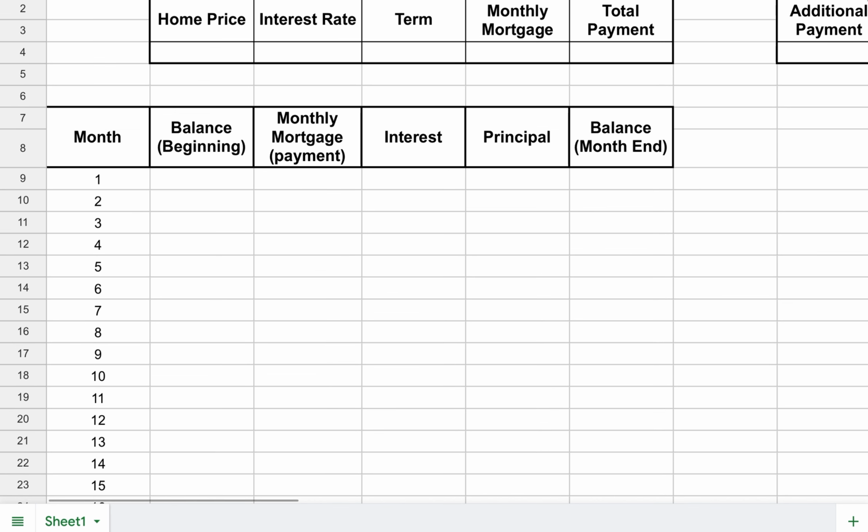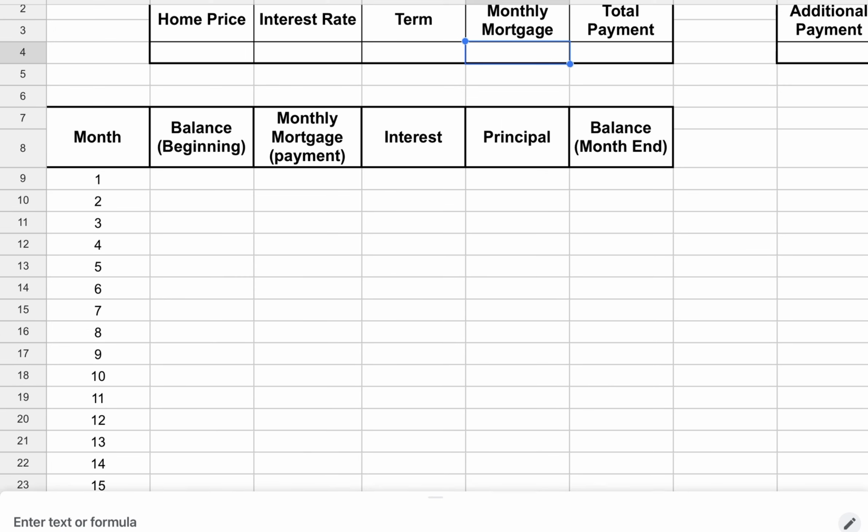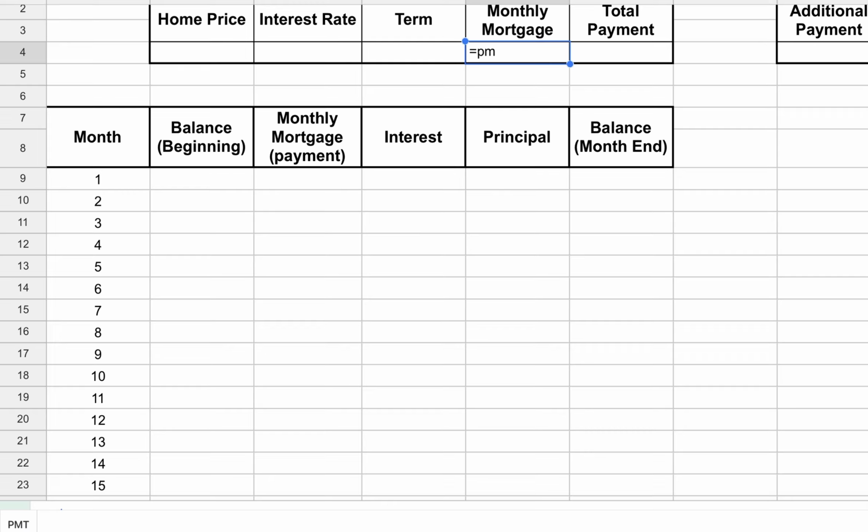We're going to say that our monthly mortgage payment amount is going to be equal to the payment function, and the interest rate was 3.98%. So we're going to take 3.98%, and divide that by 12. And this is a 15-year mortgage, so that's going to be 180 months.